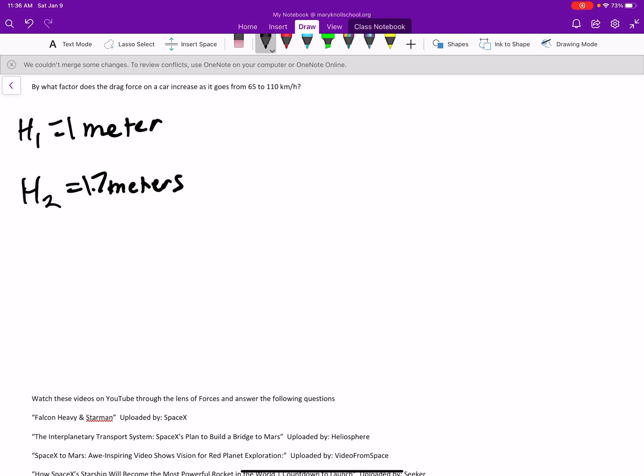All right, so by what factor did that increase? Well, let's figure it out. We put H2 on top, H1 on bottom. You get 1.7 divided by 1, which is 1.7. So by what factor? 1.7. That's the factor that it increased.